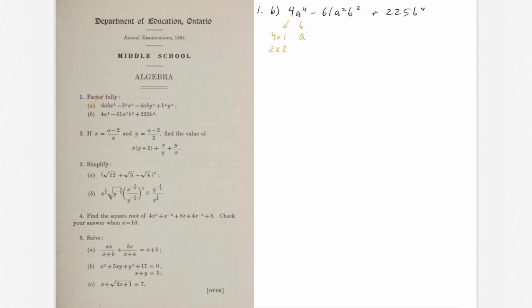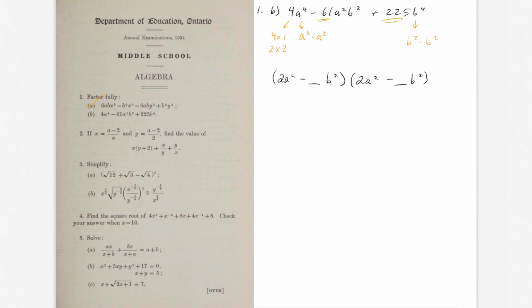To get our variable a to the power of 4, we can just do a squared times a squared. Looking at the last term, 225 times b to the power of 4, we can just do b squared times b squared. But the tricky part was figuring out what two numbers multiply to 225 and add to negative 61.